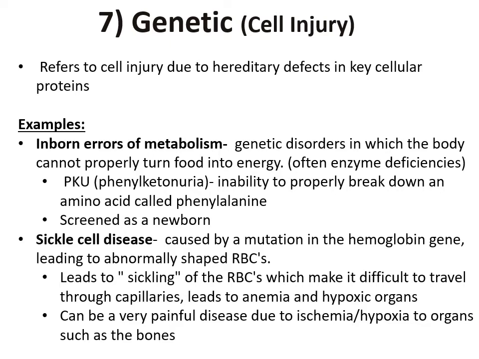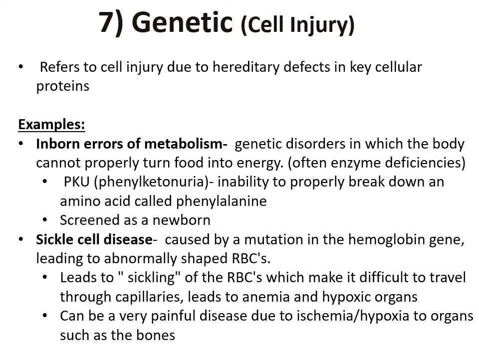So there's one example, PKU, of a deficiency of one enzyme causing cellular injury. What's another one? Sickle cell disease. So that's just a simple mutation in one gene, and that gene on a chromosome is responsible for the shape of your red blood cells.